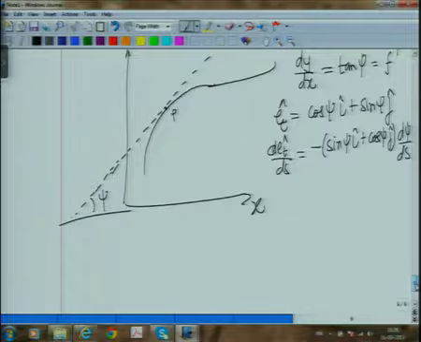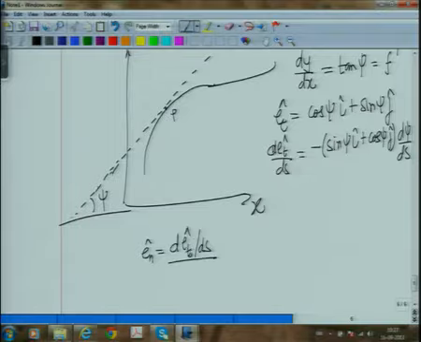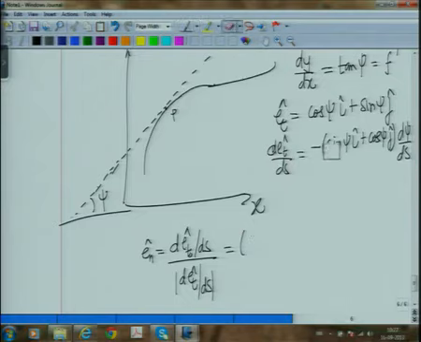So now En vector will be det by ds divided by magnitude of det by ds. Sorry, this minus sign I have put outside the bracket.